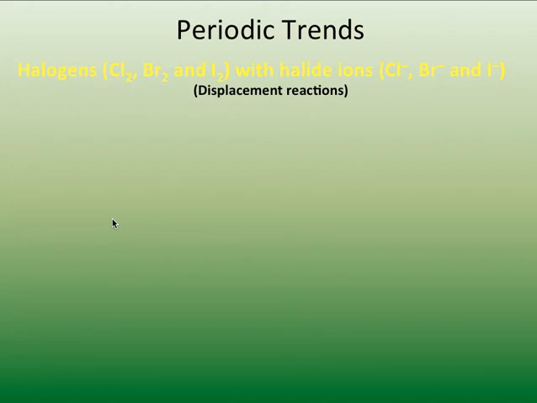We have halogens with the halide ions. They are called displacement reactions. They are also called single replacement reactions. And if you remember from 10th grade, you need the activity series in order to tell, although with the halogens, it is a little bit more straightforward.